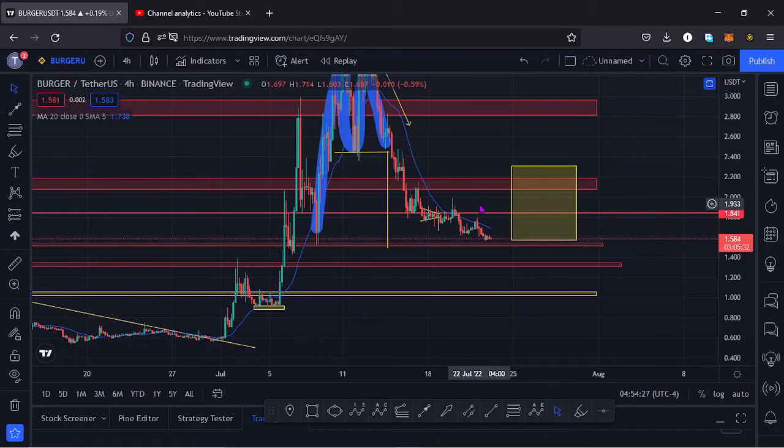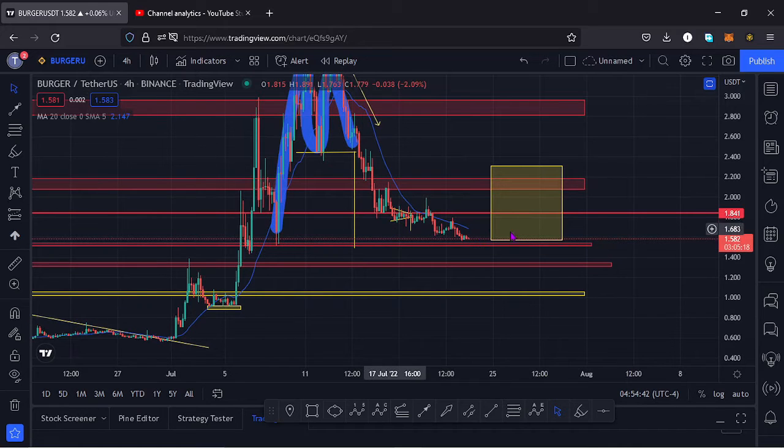That brings me to the very first key possible scenario that I expect to play out over here. It's possible that the price of Burger might continue pushing to the lower side to around the $1.55 mark, where we have our next key area of support. From that point, now that we have come into this yellow target and even maximized it, it's possible that we find a reversal at around the $1.55 mark.